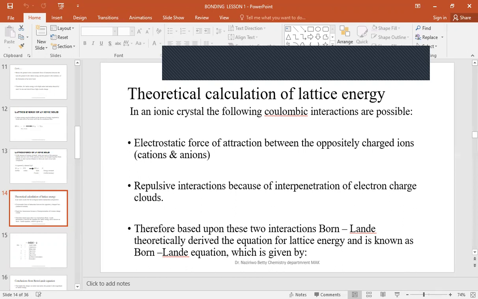Because of the 2 interactions, the electrostatic force and also the repulsive interactions, Born-Landé came up with an equation which he called the Born-Landé equation.